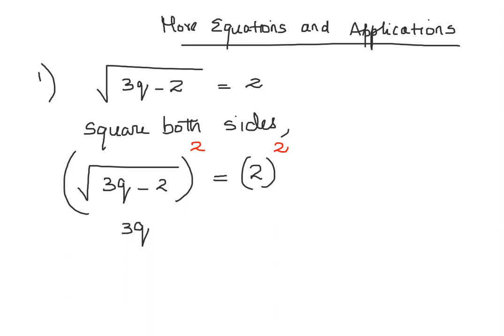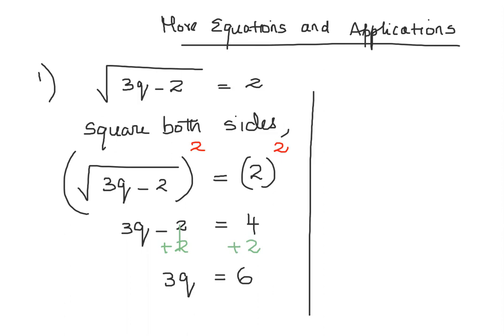So we have 3q minus 2 equal to 4. Then add 2 to both sides. 3q equal to 6. So divide by 3. So we get q equals 2.